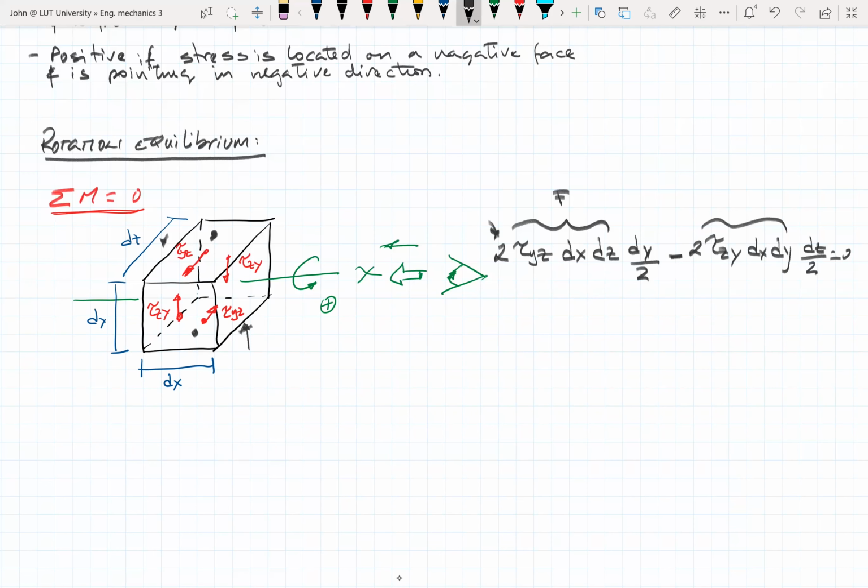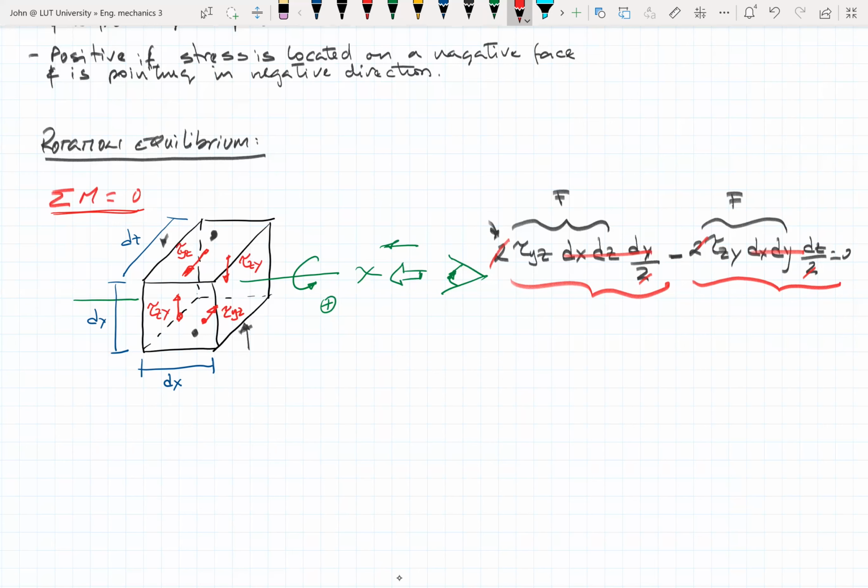This here is another force. I can see now that evidently I could get rid of these 2, and I could get rid of these differentials here, because when I put this term on one side of the equation and this other term on the other side, they are going to cancel out one to one.